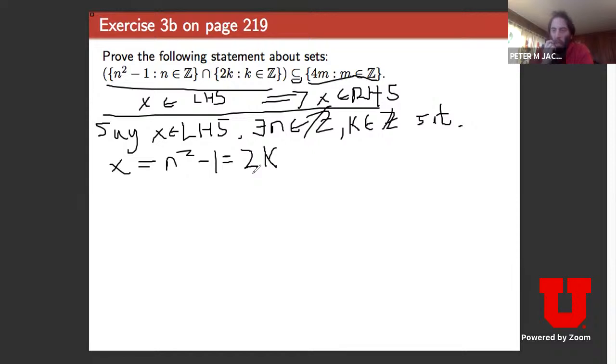All right, so now we want to show that x is a member of the right-hand side. That means we want to show that x is an integer multiple of 4. So does anybody have any thoughts about where they went from here?